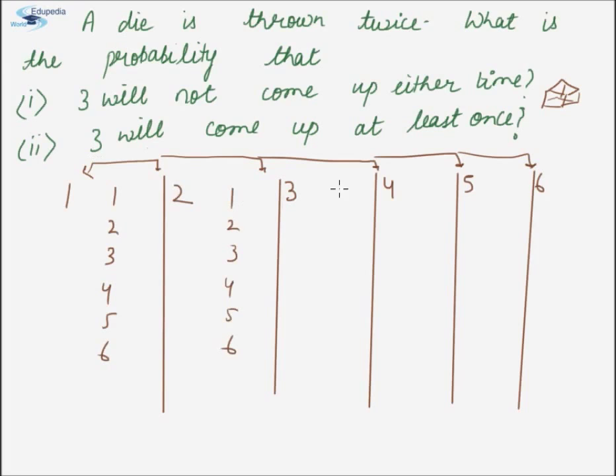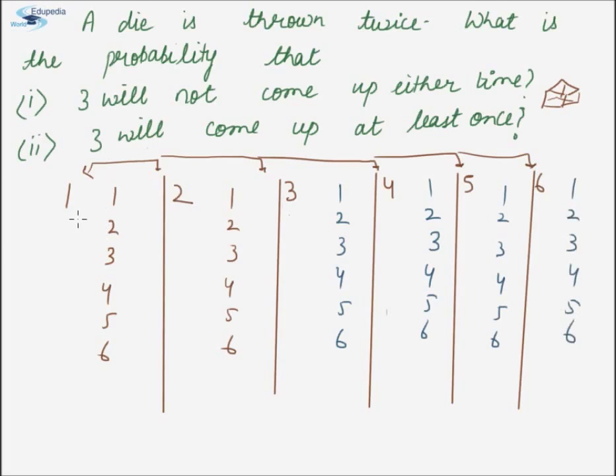Or the first number was 3 and the second number is 1, 2, 3, 4, 5 and 6. Or the first number was 4 and the second number is among 1, 2, 3, 4, 5 and 6. Similarly for the other cases.